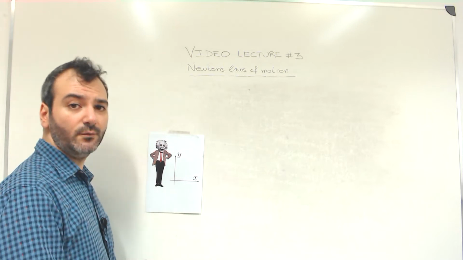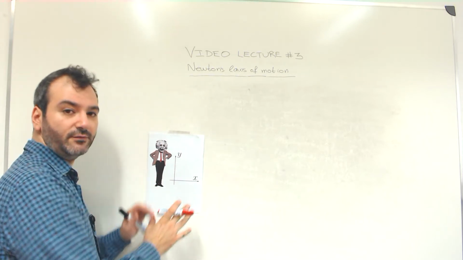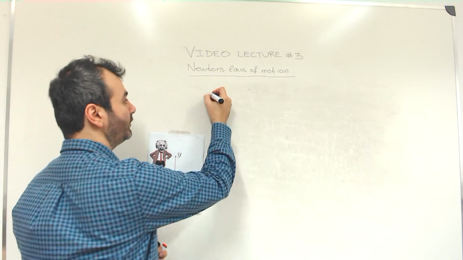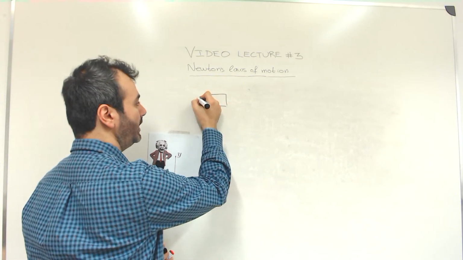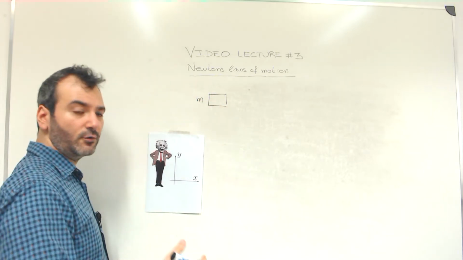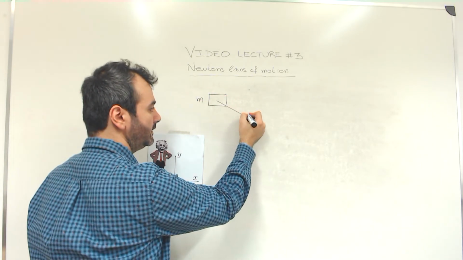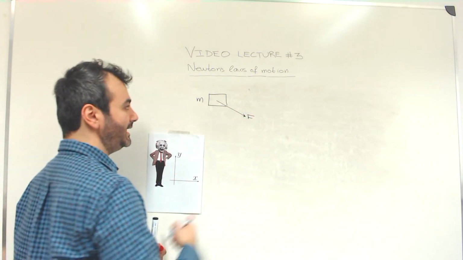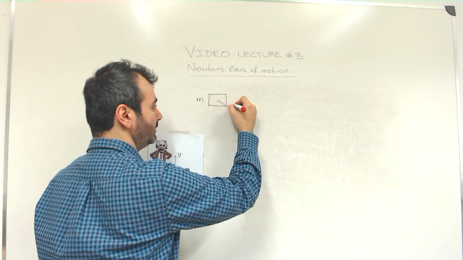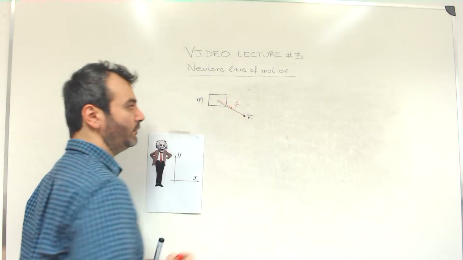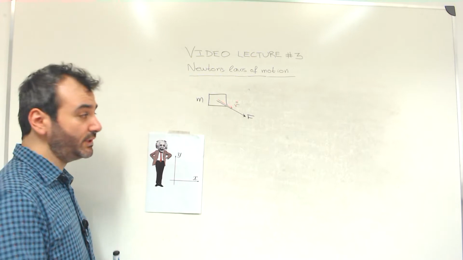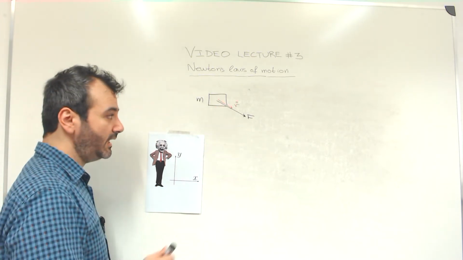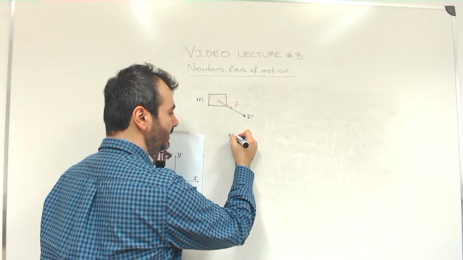Newton's second law of motion states that in an inertial frame of reference again, if you have an object of mass m and you apply a force F on it, then the object will accelerate with an acceleration r double dot, which has the same direction as the force, and second is given by this formula.